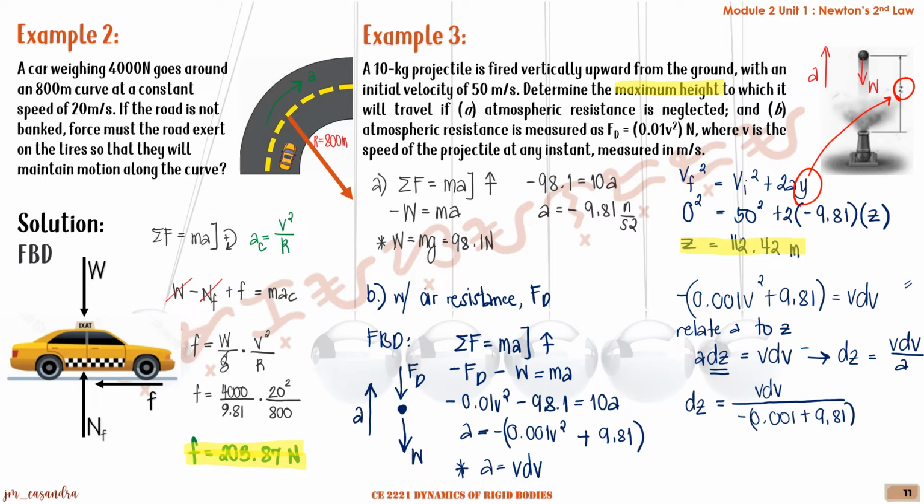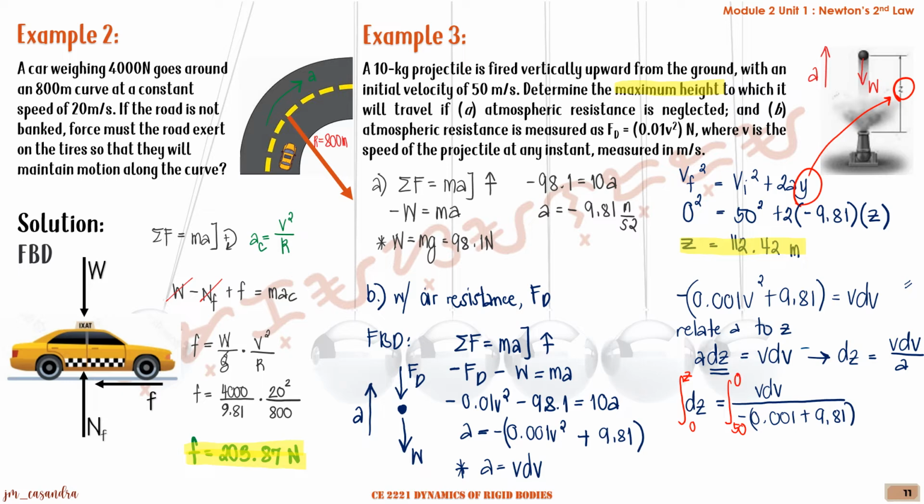Okay, so with that, we can now apply our integration. So for z, that is from the start 0 to a certain height z. And then for v, we started from 50 meters per second. And once it reaches its maximum height z, its velocity becomes 0.